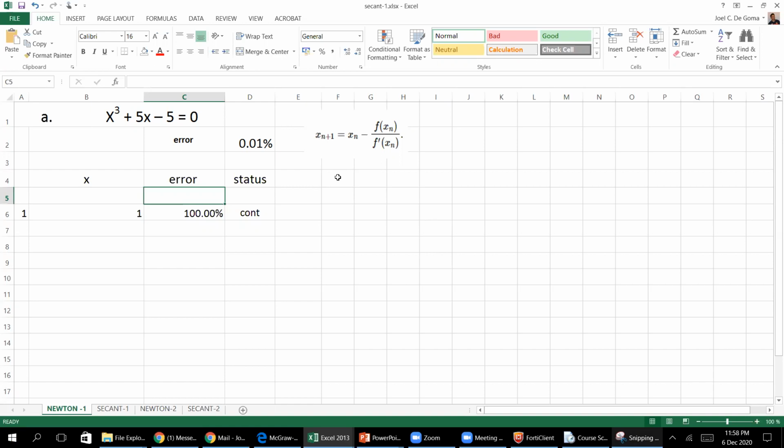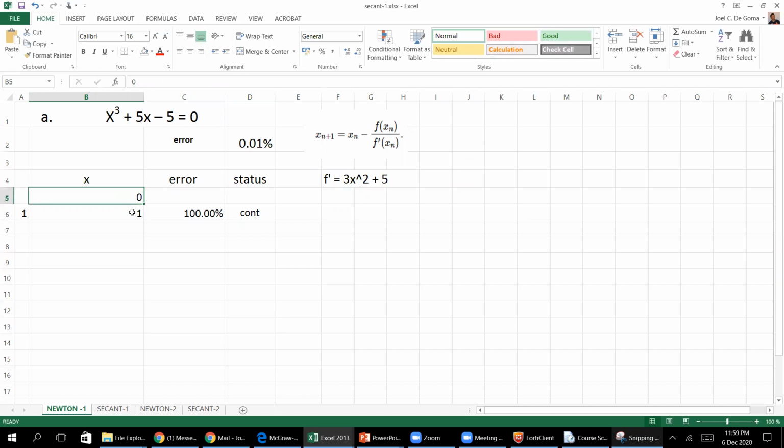So the first derivative of x cubed plus 5x minus 5 is equal to 3x squared plus 5. Am I right? So this will be our formula for our denominator. Okay, so my guess will be 0.